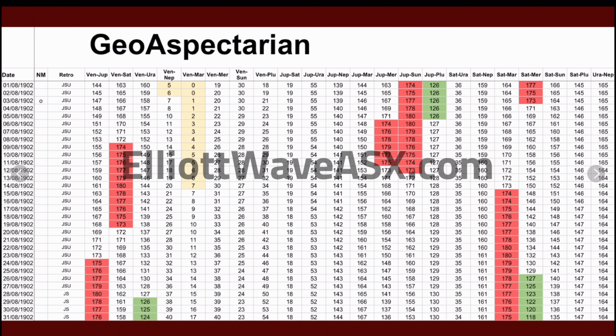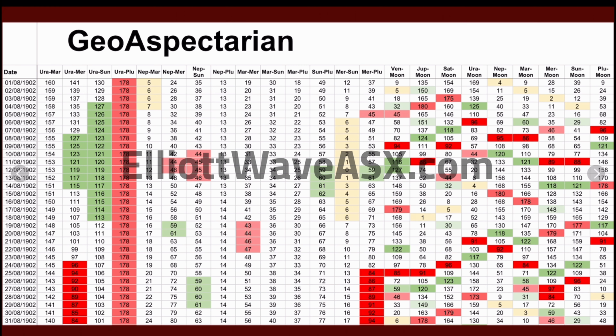Now, there's obviously a lot of combinations, so if I scroll to the right, we see the rest of them for that day. So we've got Uranus and Pluto opposite, we've got Neptune and Mars conjunct or nearly conjunct, and you can see which direction they're going.